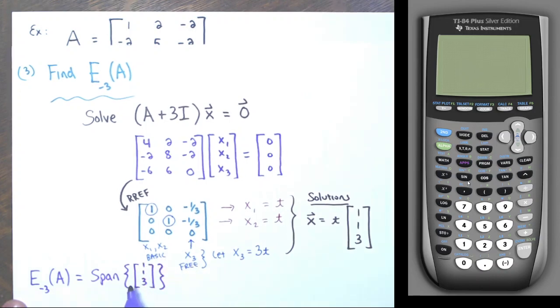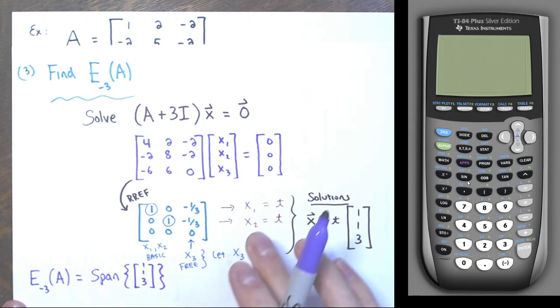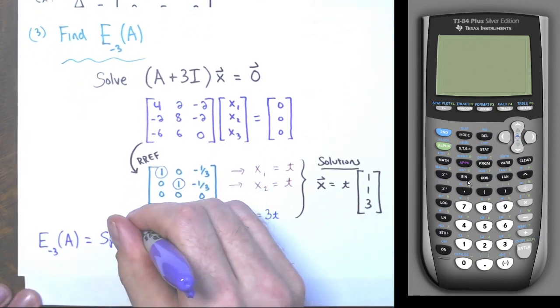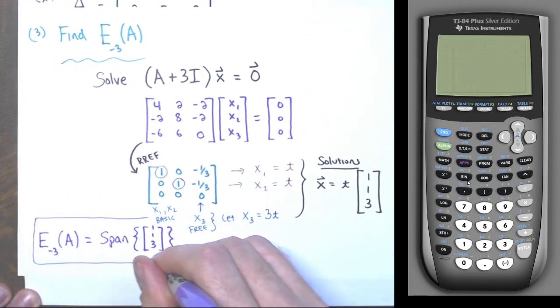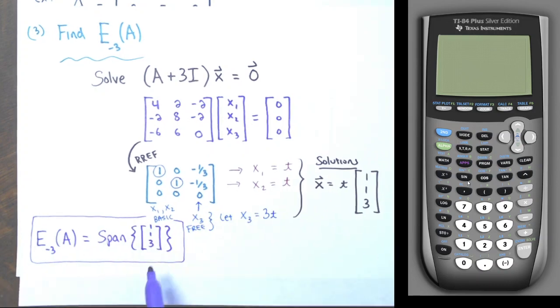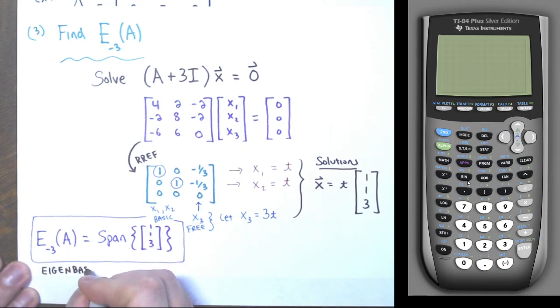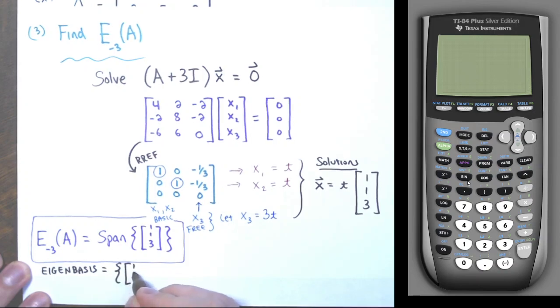So this does include the 0 vector, but any non-zero vector in here, remember, would be an eigenvector corresponding to -3. So there's the eigenspace, and then we can very hopefully clearly see an eigenbasis for this space, which is just this set with the vector 1, 1, 3 in it.